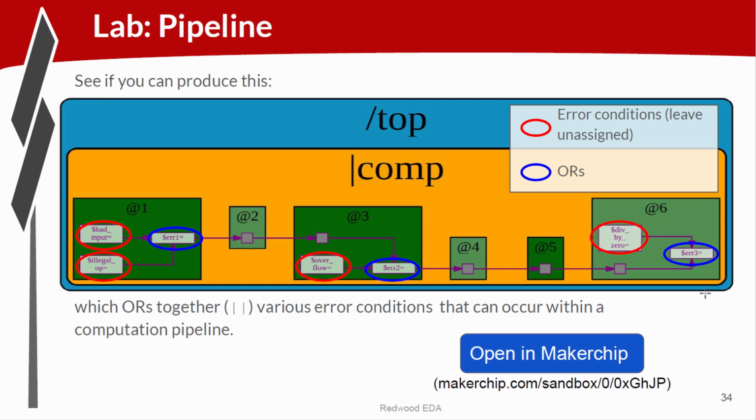So your logic is simply taking these 4 different input conditions and ORing them together, right? So in the end, if any of these conditions assert, you need to assert this error 3 signal. Okay, so the blue circles are just ORs, and the red circles you are assuming to be inputs, and you can code up your logic to consume these, just assuming they exist.